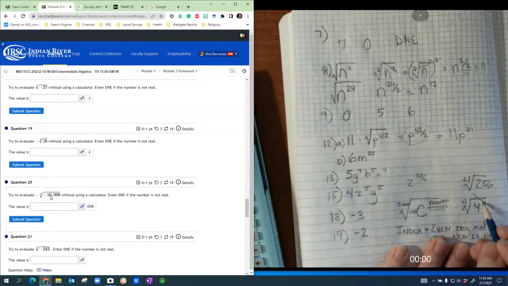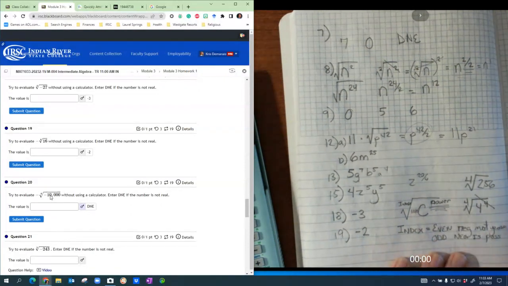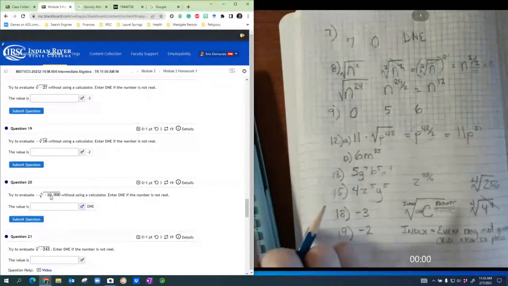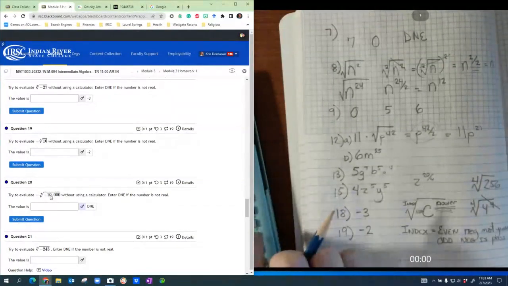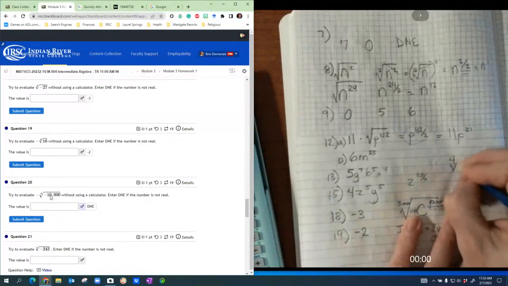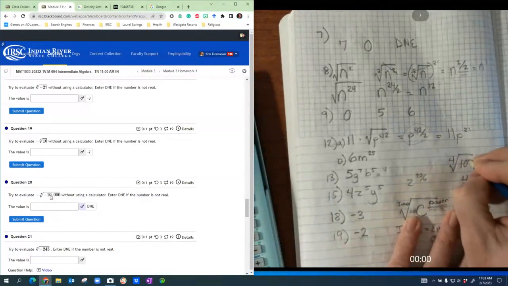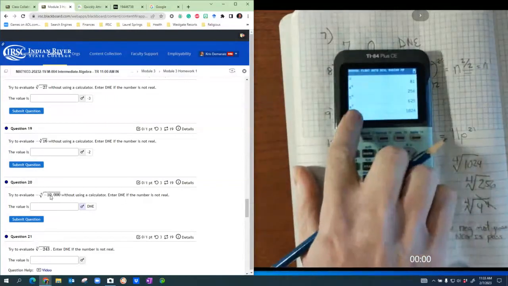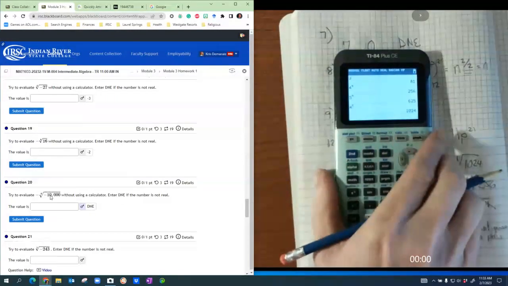Now, the radical sign, the power is not always the same. It's just sometimes it is. You're going to find out later that these will change. If I take the fourth root of this, that is actually 4 to the fifth power, by the way.